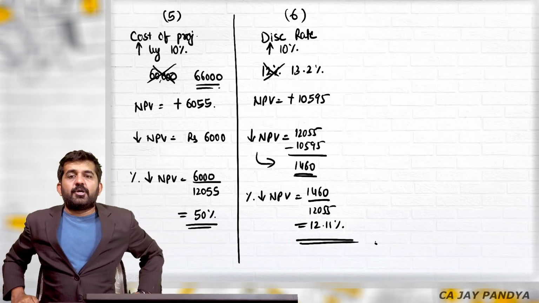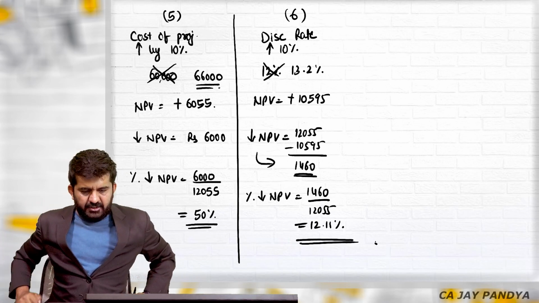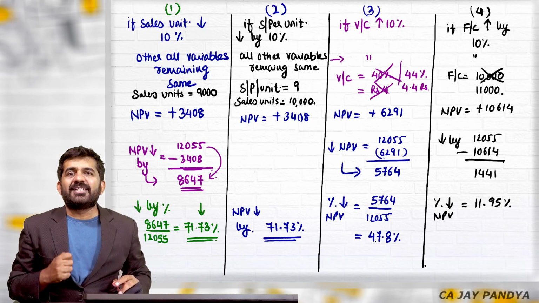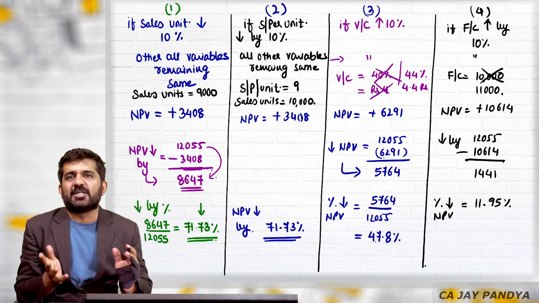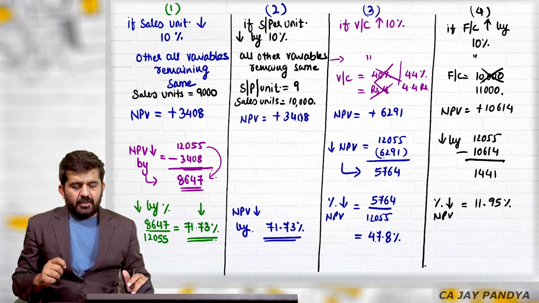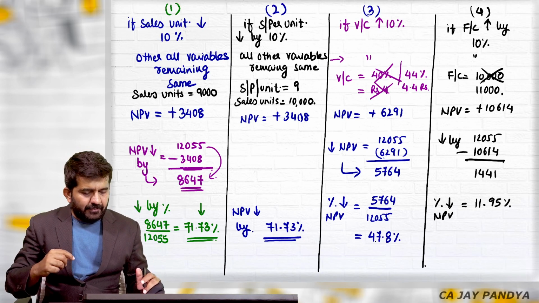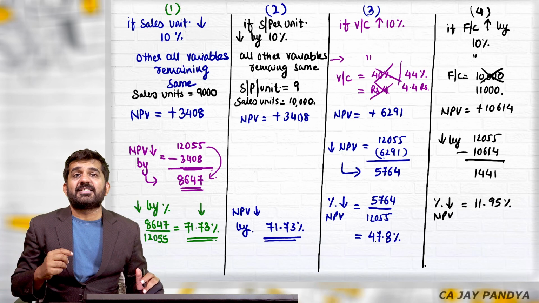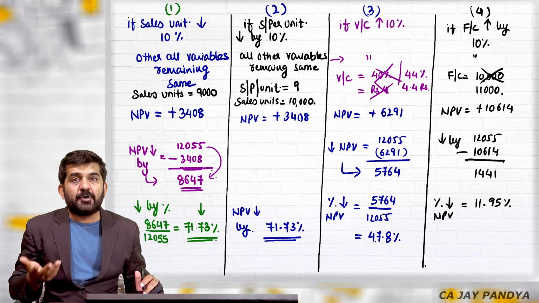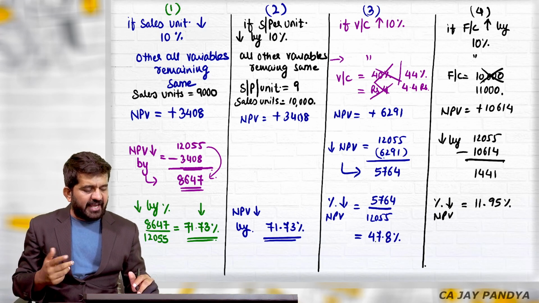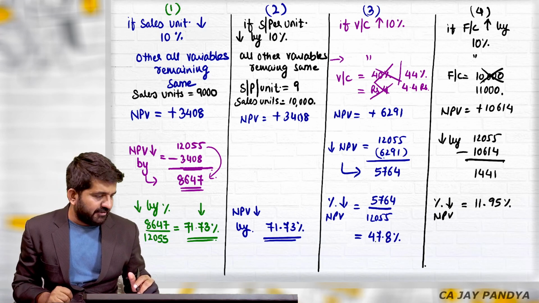Please understand all 6 situations. If my sales unit decreases by 10%, I am taking some worst scenario, then my NPV decreases by 71.73%. If selling price per unit decreases by 10%, then my NPV will decrease by 71.73%.